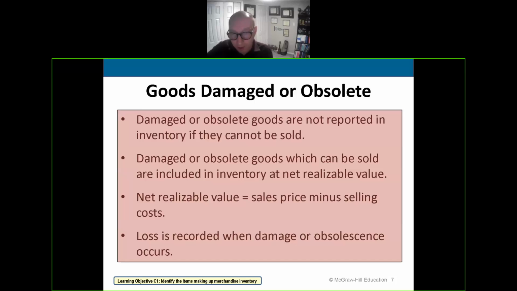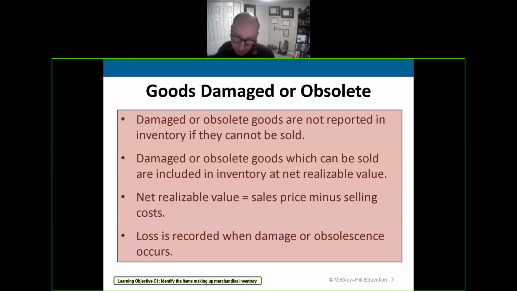So the net realizable value for the refrigerator might be like, I don't know, $300. That's the cost of the inventory itself at its current net value, which includes the fact that it's damaged. The iPhone 11, sales minus the selling cost, might be like $300.